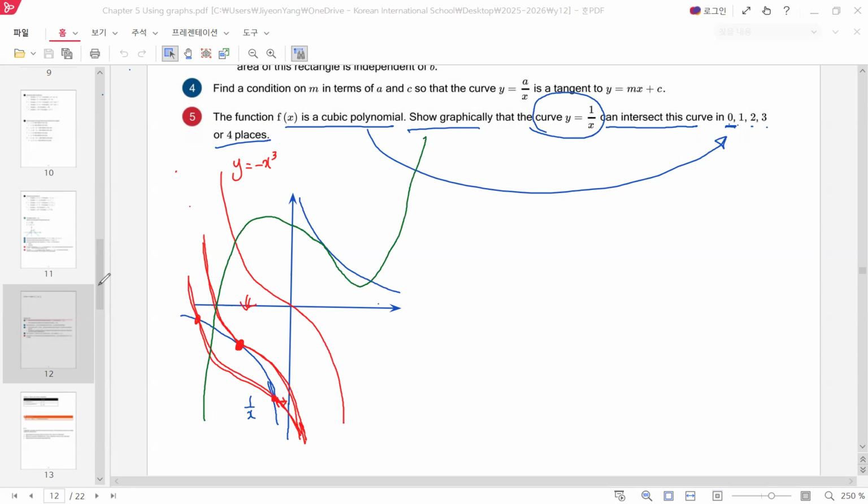We can make 4 intersection points as 1, 2, 3, and 4. But actually this question is very difficult. So you may try to draw many types of cubic polynomial graphs so that you can come up with ideas on how to draw them, but it's very difficult.